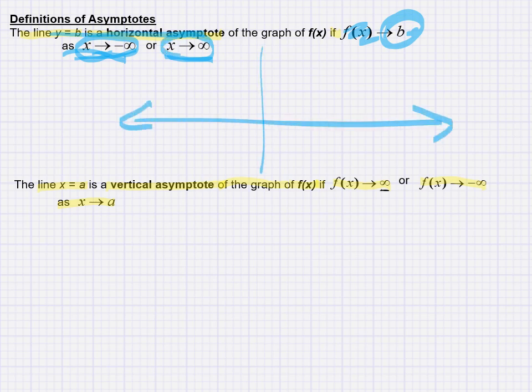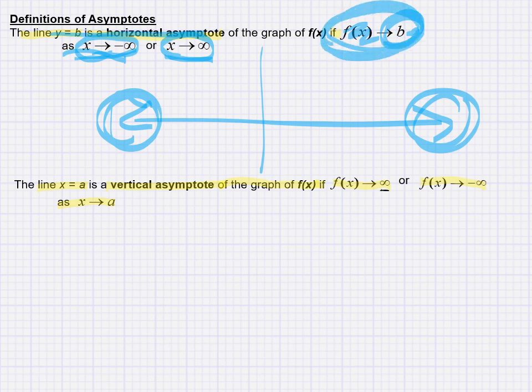This is where x is getting closer to negative infinity. This is where x is getting closer to positive infinity. And as you reach the end of your graph, you're going to get closer and closer to some constant y value. So there's going to be some horizontal line, and your graph is going to get close to it as you get to one of the ends or both of the ends.